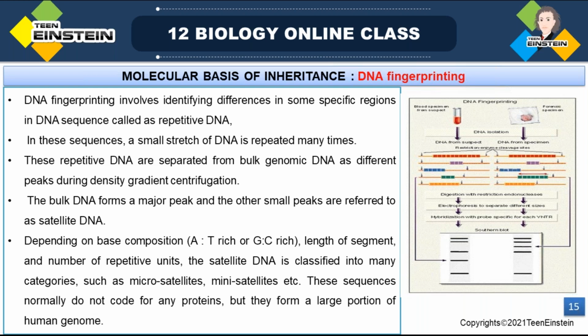During density gradient centrifugation, the bulk DNA shows one peak and the repeating DNA shows another peak.